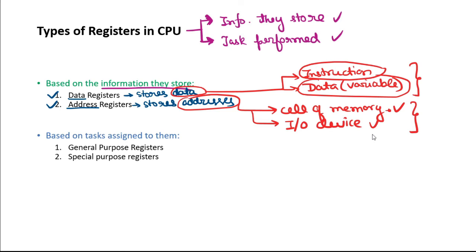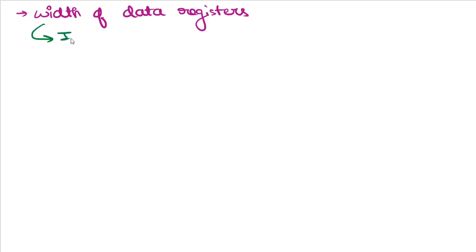So what should be the width of these registers, the data register and the address register? Let's discuss the width of both types, starting with the width of data registers. First of all, what things does it store? It stores instructions and values.